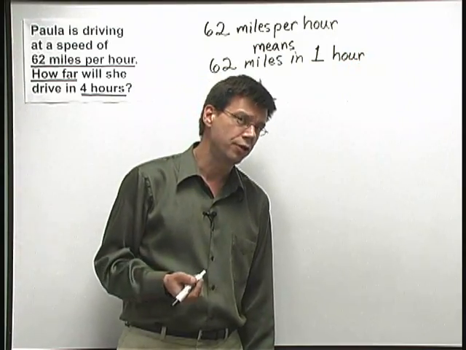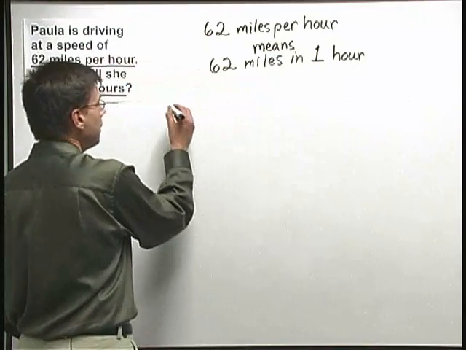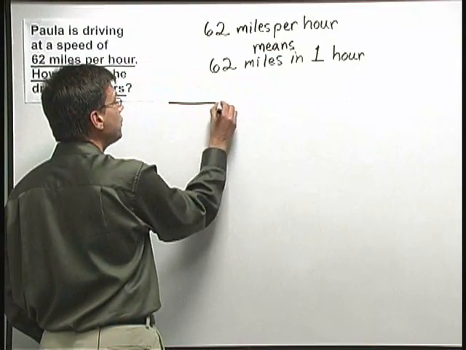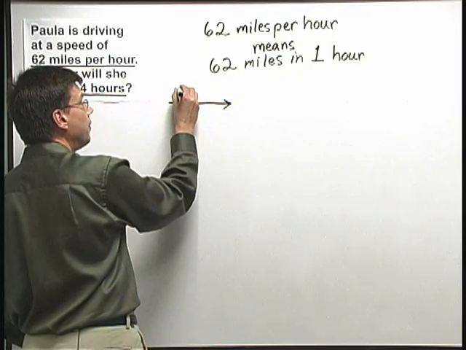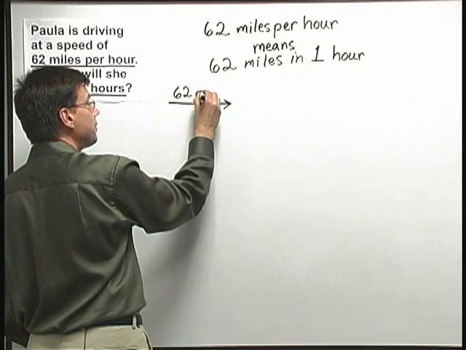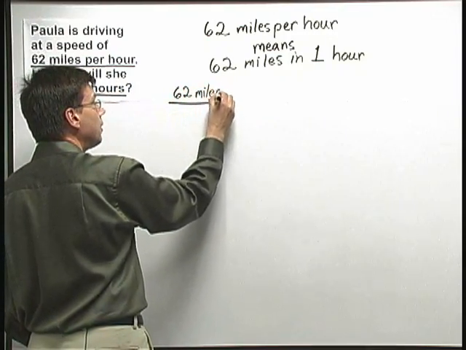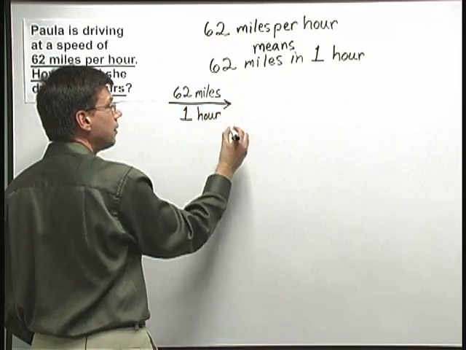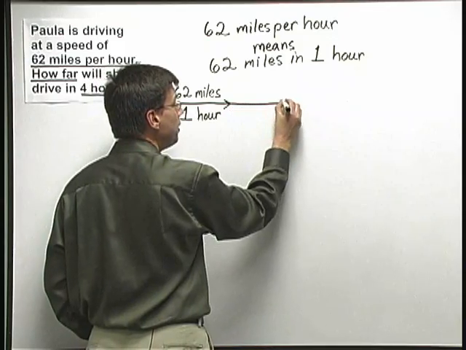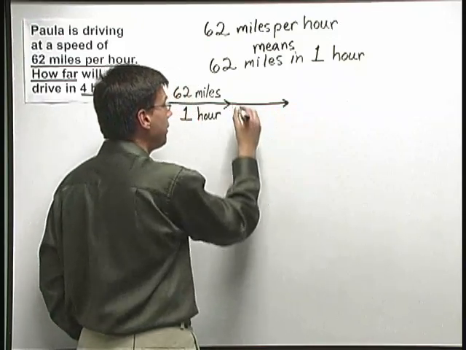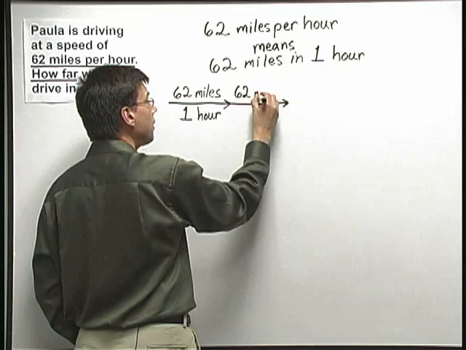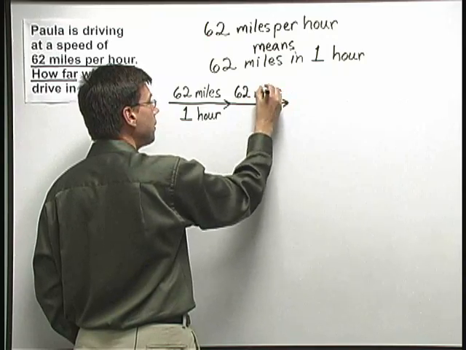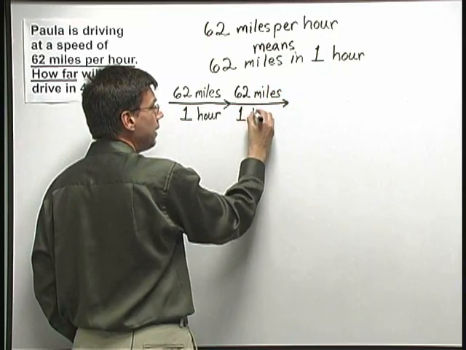So let's try to picture her trip. She starts out and she drives a distance of 62 miles in her first hour. Then she drives another 62 miles in a second hour.